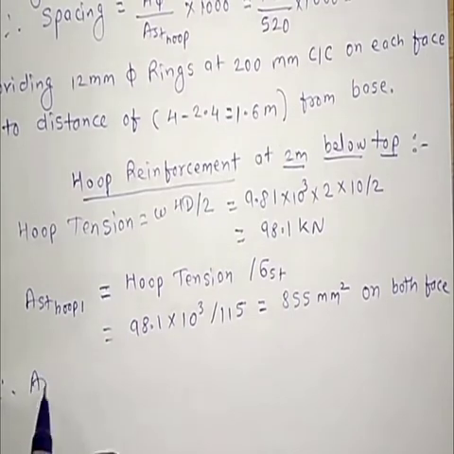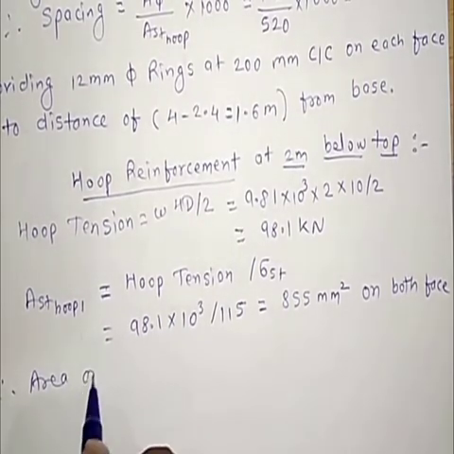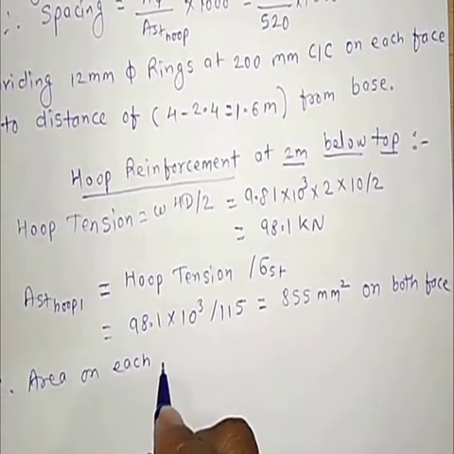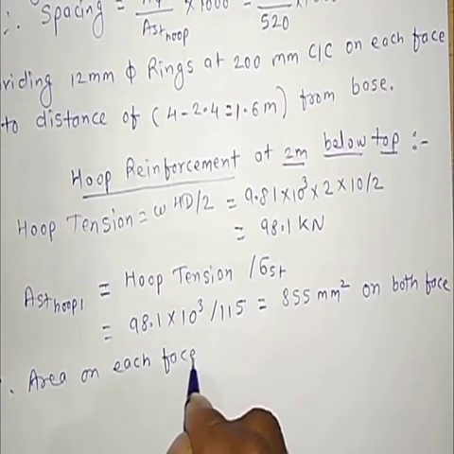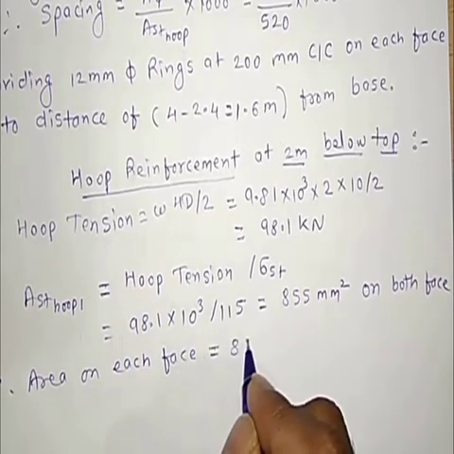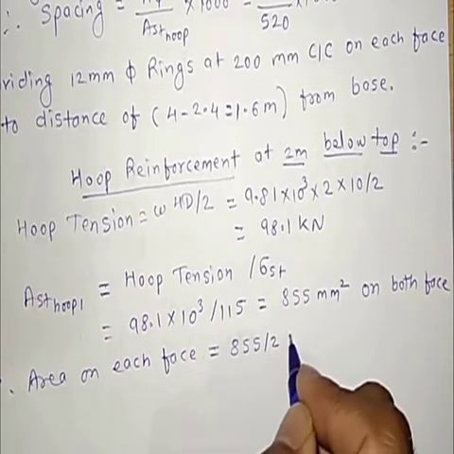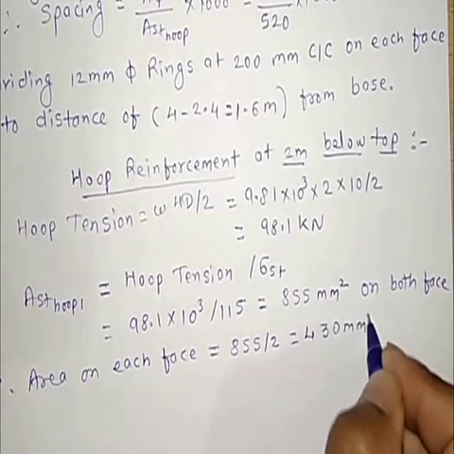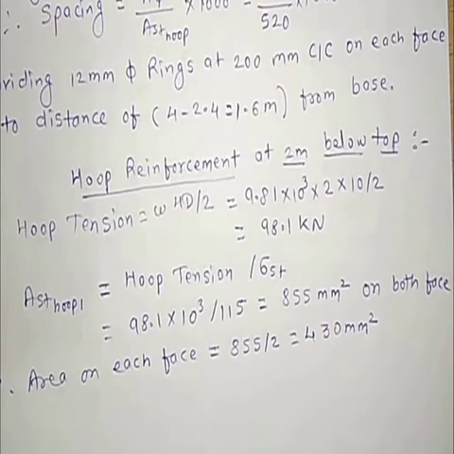So therefore the area on each face is equals to 855 divided by 2, which is around 430 mm square.